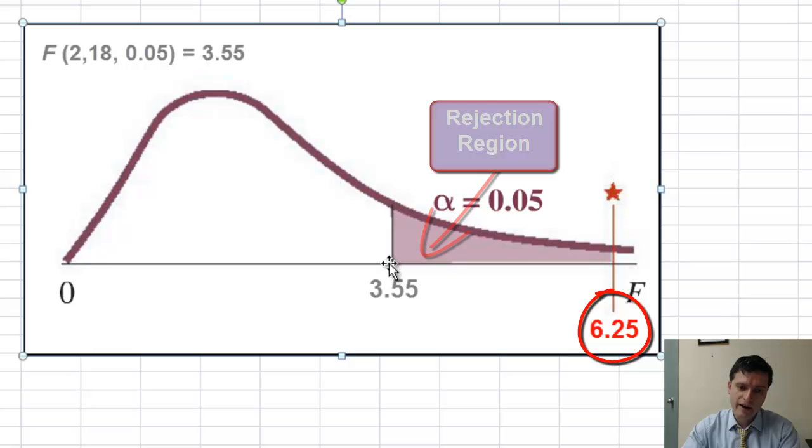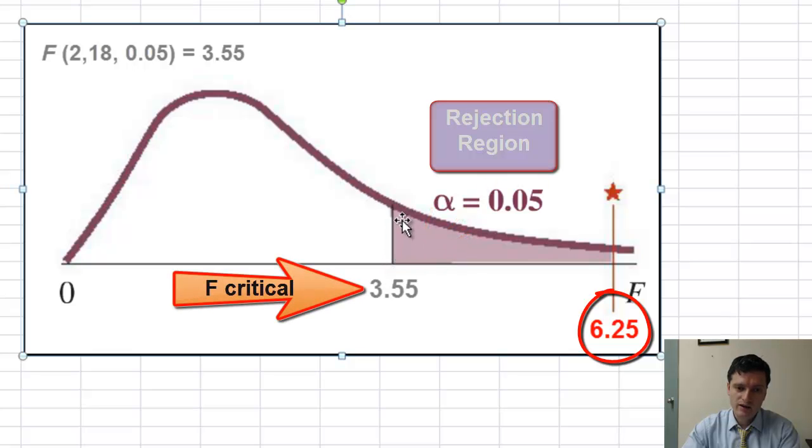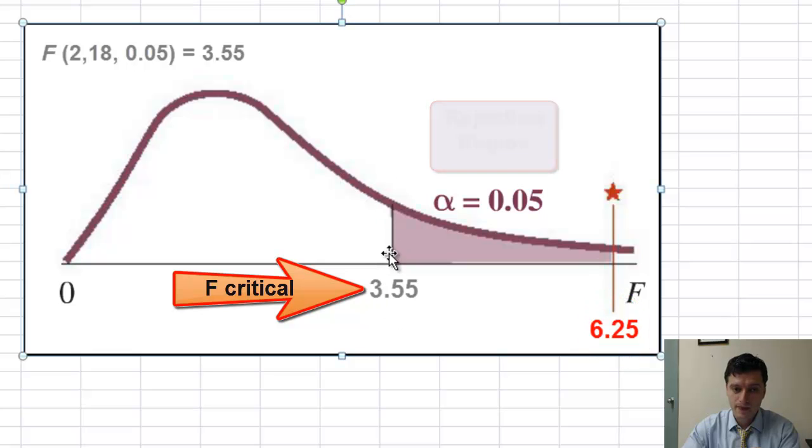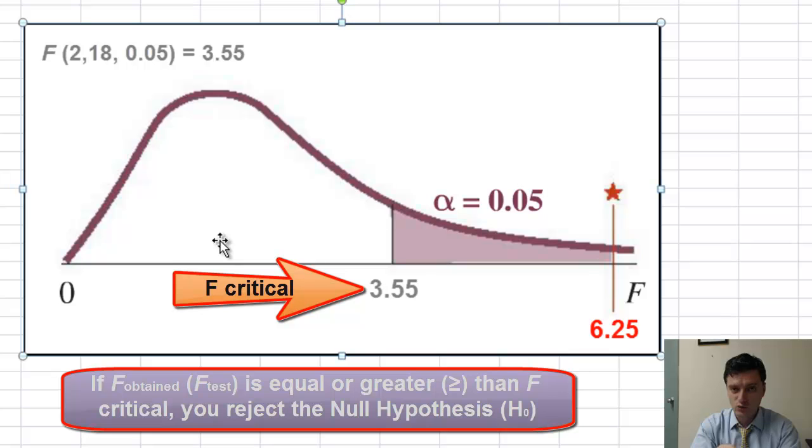So the F critical is right here at 3.55; this is the line, and to the left means that the null hypothesis cannot be rejected, because there is some probability that the null hypothesis could be true.